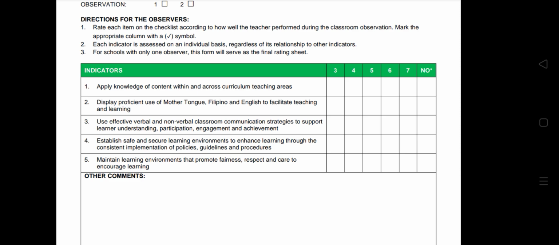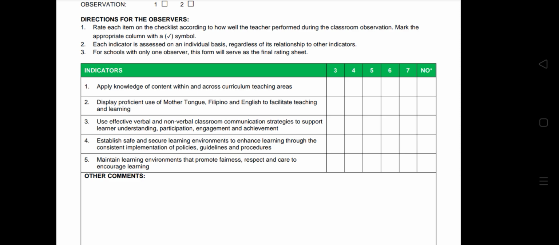Pag sinabing in-depth, meaning foundational knowledge and finer details within the curriculum teaching areas. Pag sinabing broad knowledge, ito yung sa 7, ginadiscuss ko lang ha. Knowledge across curriculum teaching areas.